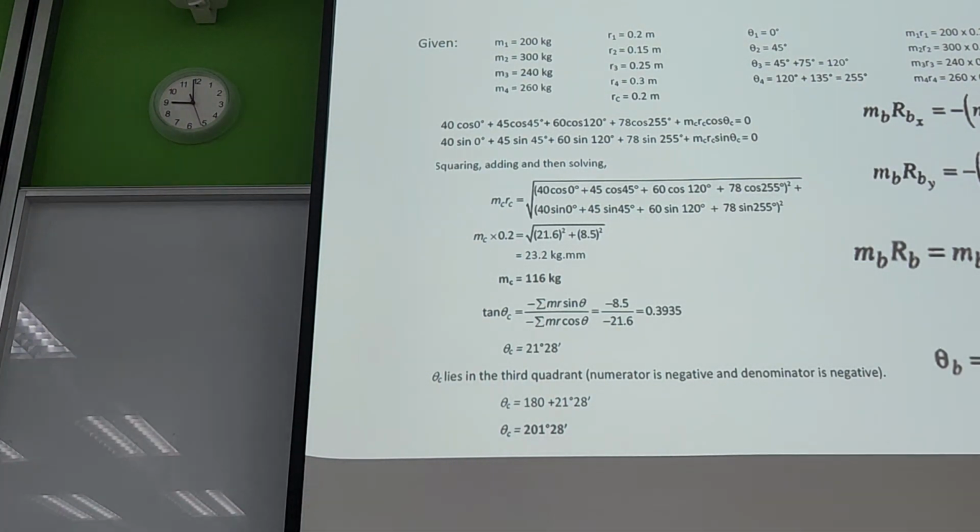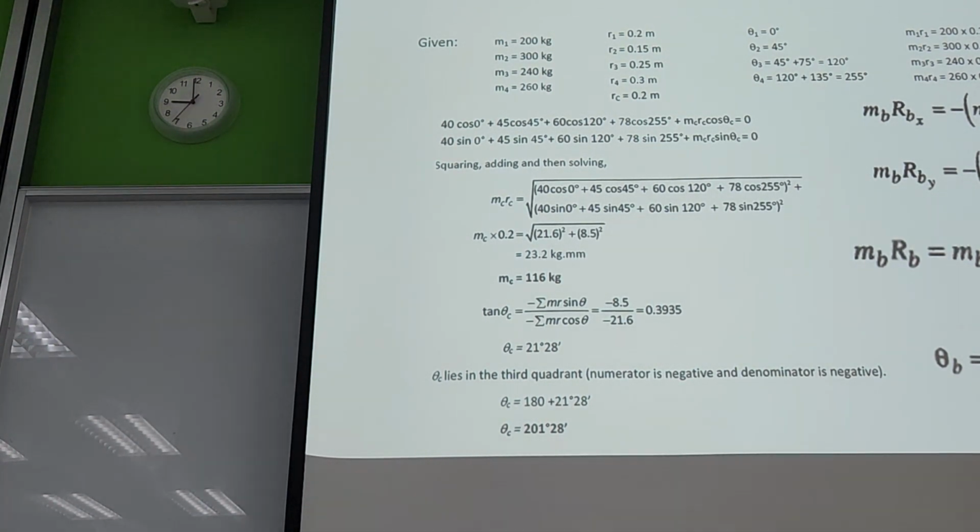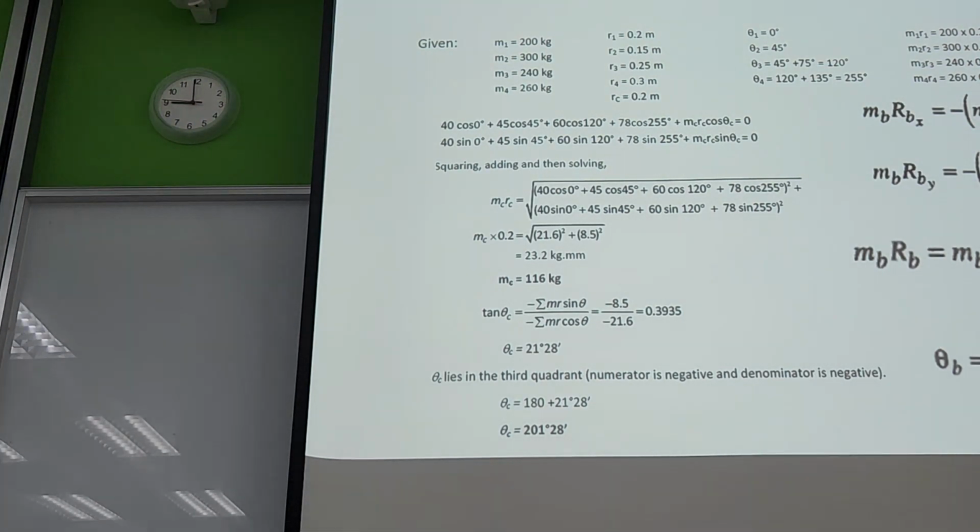This is your negative x. This is your y-axis negative. This is your y positive. Okay. So what I have done? The force acting along M1, with a magnitude of 40 units and horizontal, 0 degrees, because M1 is horizontal. Now from here at 45 degrees, I'm adding force 2.